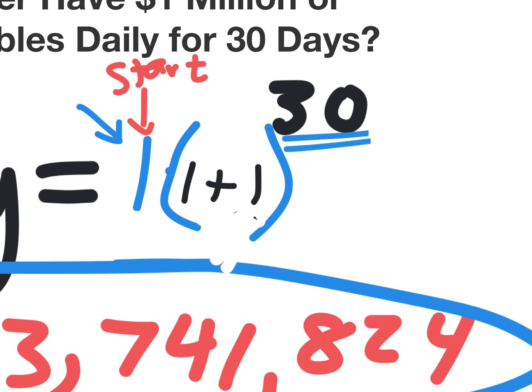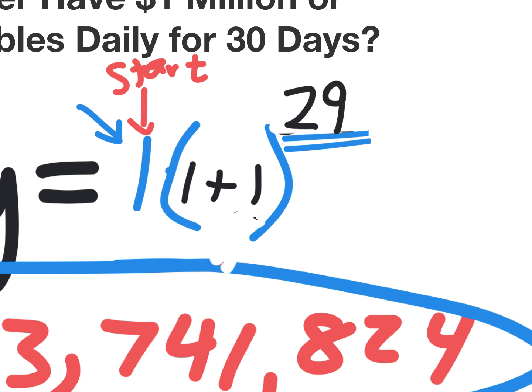Now, if you want to get technical with me, then maybe we should double it only 29 times. But would you agree it would still be a massive number? If I started with a 1 on the first day, and then I wanted to get to the 30th day, it all depends on how you want to word the problem.